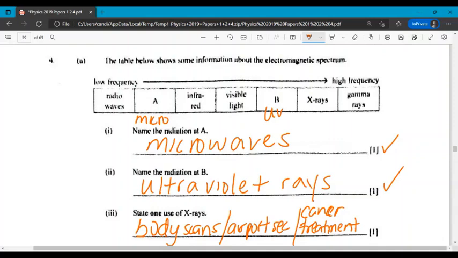Okay, so imaging or body scans, airport security, cancer treatment, any one of those you can remember, and that'll be fine. Okay, so we just earned 3 points. It's moving right along.